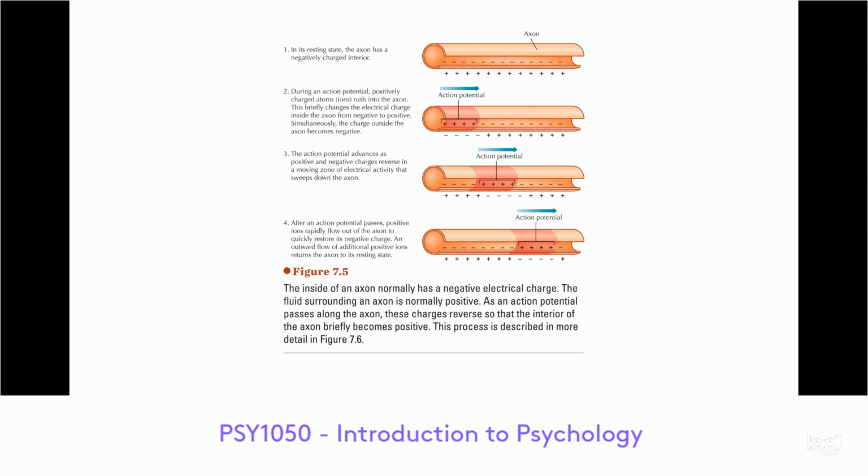And then as the action potential is moving along the axon, positive and negative charges are reversing, right? So it goes from negative to positive as the ion channels open up, and then after the action potential passes, the positive ions flow out of the axon to restore the negative charge, right? So it goes back to how it was.